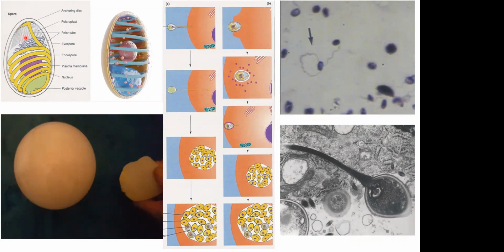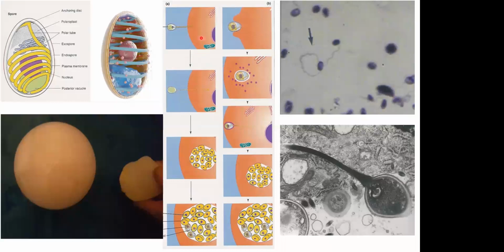this structure. The next picture along is just a 3D model of what a spore might look like, with this coiled up polar filament inside. And the polar filament is the route by which the microsporidial spores get into a host cell.